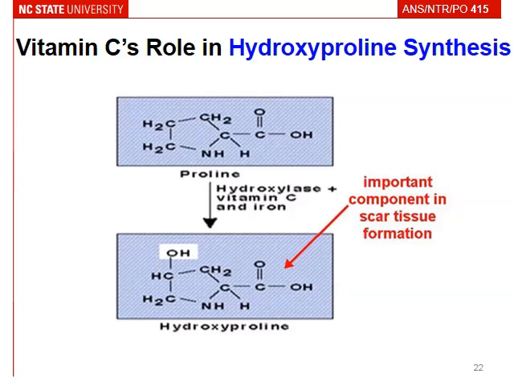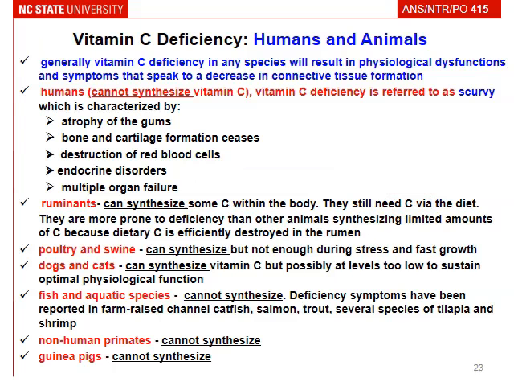When we have vitamin C and iron acting as cofactors for hydroxylase, we add a hydroxyl group and we form hydroxyproline. Without this, we're not going to be able to form our collagen, and we get some difficulty in wound healing if we have inadequate vitamin C.